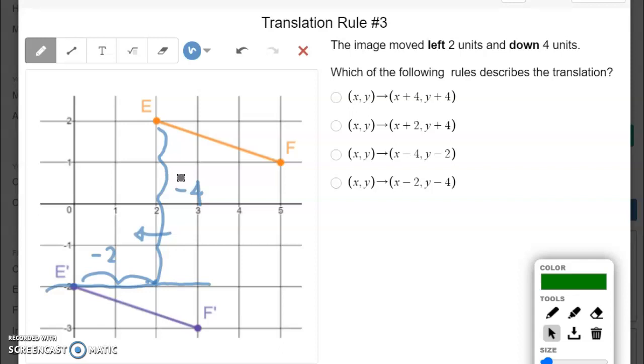The old point went to the left by 2, so subtract 2, so that's the x coordinate, x - 2, and the y went down by 4, it's going to be this. Okay, so that's how you would write that translation. It went to the left, the x coordinate, the horizontal position moved towards the left, which is a negative direction by 2. The vertical position, the y position, went down, which is a negative direction by 4.